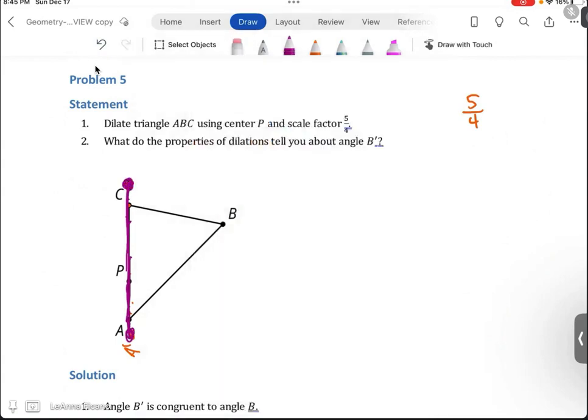I'm cleaning it up a little so you can see. This is A prime. Okay, and now this is probably the hardest part. This is where that dot is. I'm actually going to draw a line here so I see how to keep going out like that from P, because P is my center. It is hard.